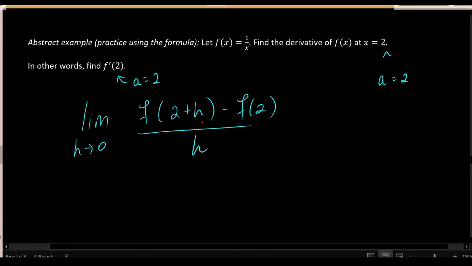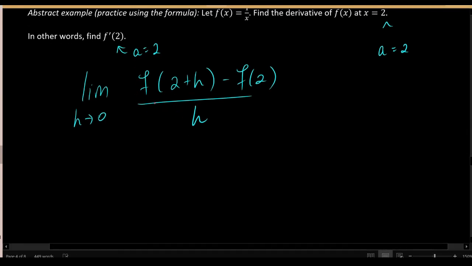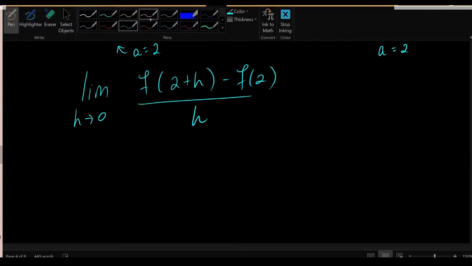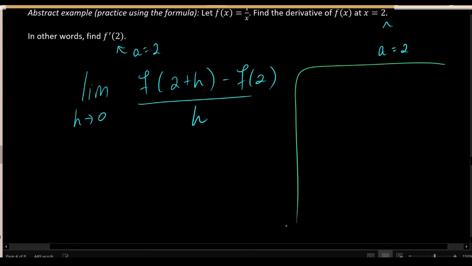And as usual, in order to stand a chance of simplifying this, I'm going to need to figure out what these quantities f of 2 plus h and f of 2 are. So if f with an x in it is 1 over x, then f with a 2 in it is 1 over 2.